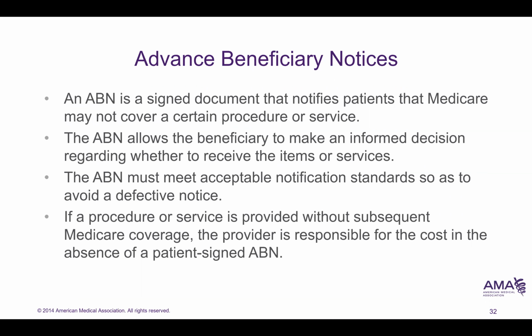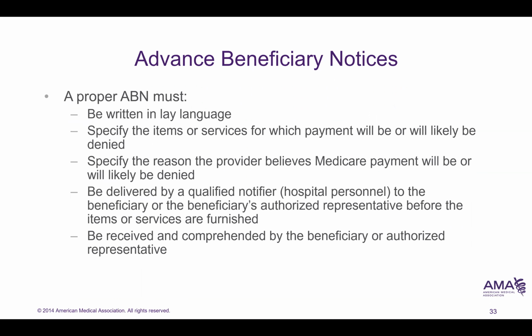And again, the signatures that we've talked about and acceptable notification standards, which include being written in lay language and specifies which items or services payment will or will not be denied for.